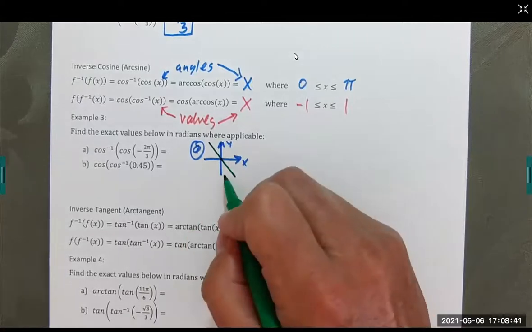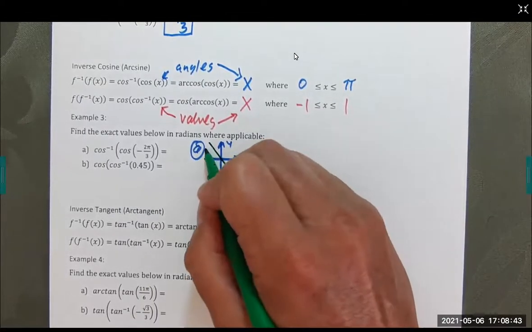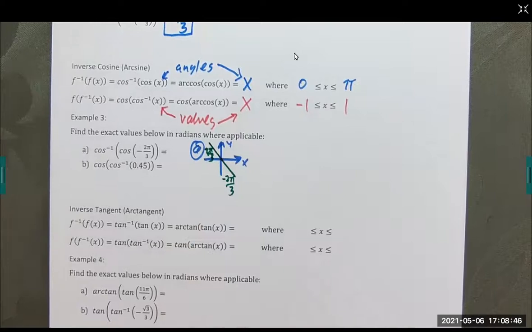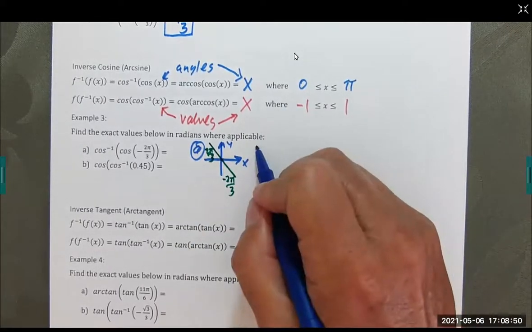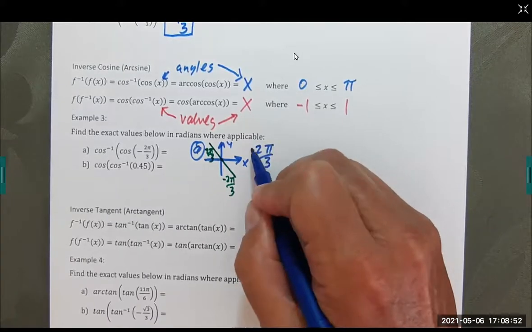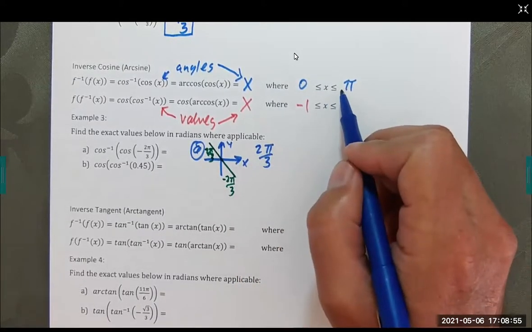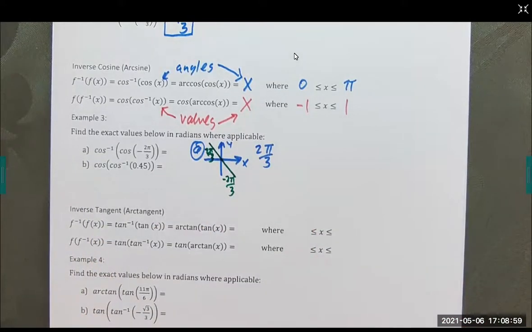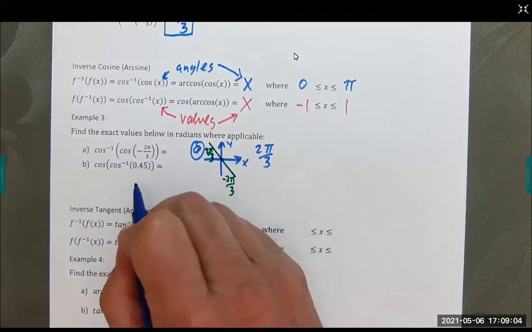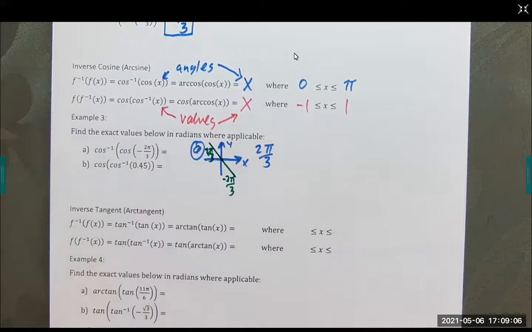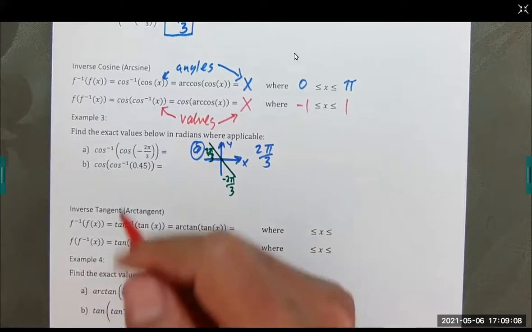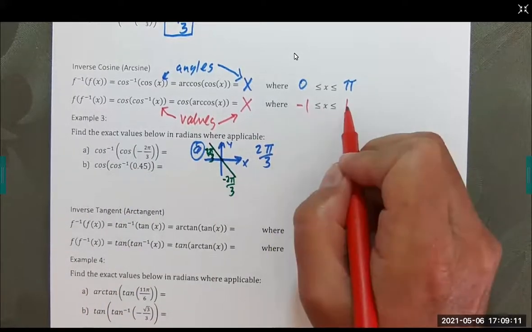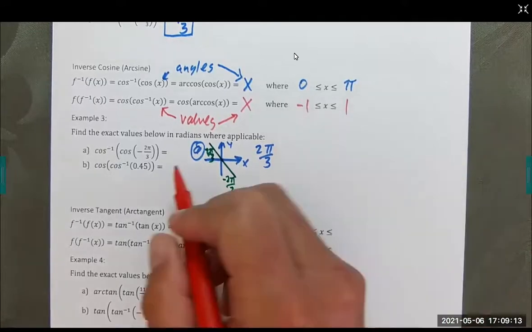So negative 2 pi over 3, and this is just 2 pi over 3. And that's what I'm looking for. So what's the answer for part A? Positive 2 pi over 3, because it's in quadrant 2. Now, cosine of inverse cosine of 0.45, that is no problem. That is just 0.45. So that's the red type here. And 0.45 is between negative 1 and 1. So the answer is 0.45.